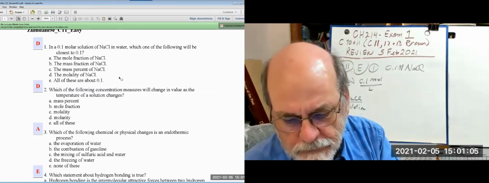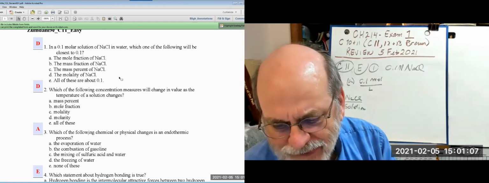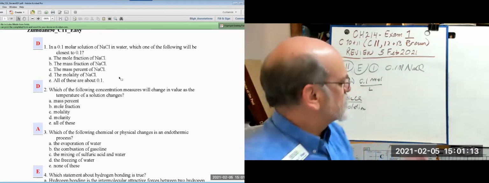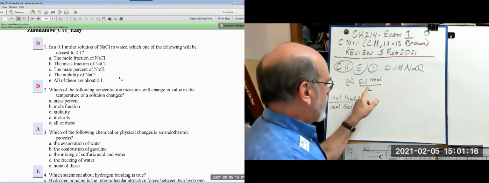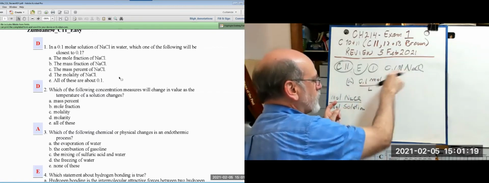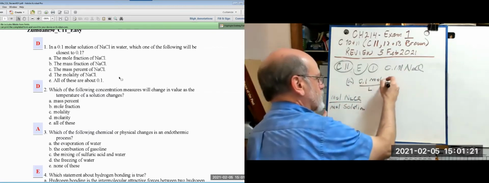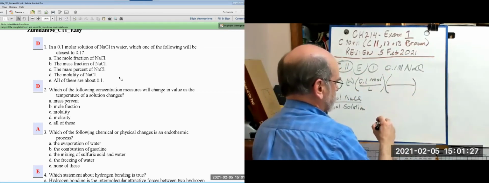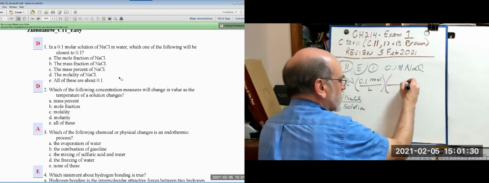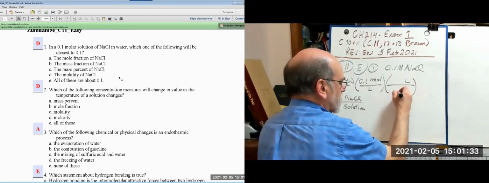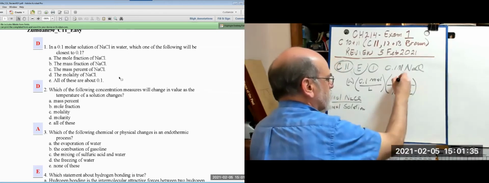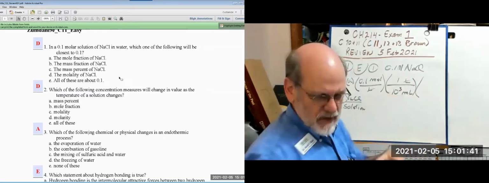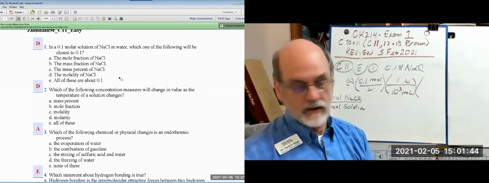So let's change this to mass. Moles of sodium chloride per gram of solution. So this would be liters per 1,000 milliliters. And then we know that pure water is about 1 gram per milliliter.